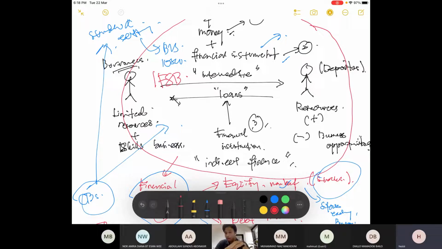The job of IFSB is basically to complement BIS and IOSCO, and also, if I'm not mistaken, IAIS for the insurance standards.